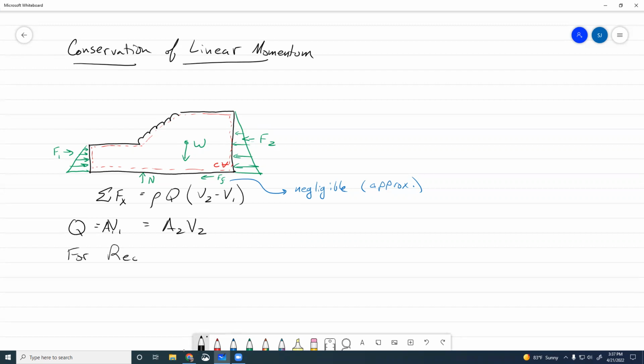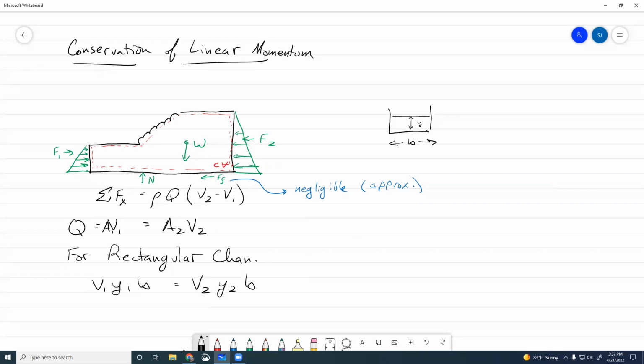And if we've got a rectangular channel, we then get V1, Y1, B. And so this is our little cross section here, B, Y. Little b for the bottom, big B for the top. And that's going to equal V2, Y2, B. So we'll say the cross section stays the same.